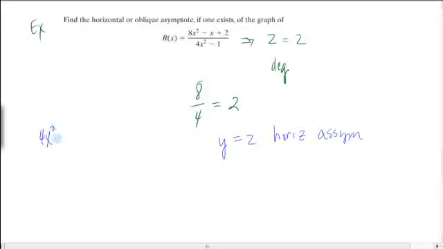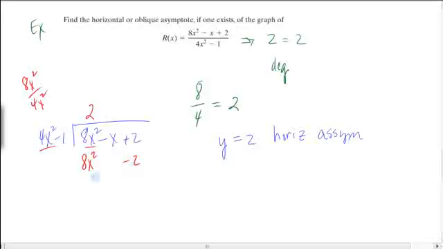4x squared minus 1 goes into 8x squared minus x plus 2. We start by these first two terms. So I think, what is 8x squared divided by 4x squared? Well, that's 2. So I multiply 2 times 4x squared, and I get 8x squared. 2 times a negative 1 gives me a negative 2.